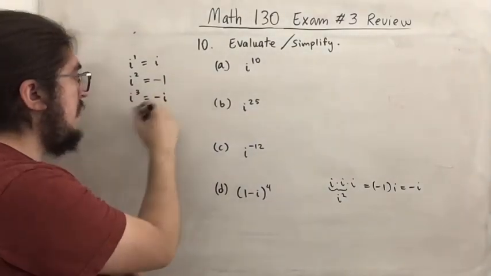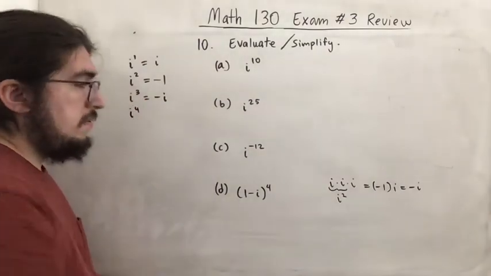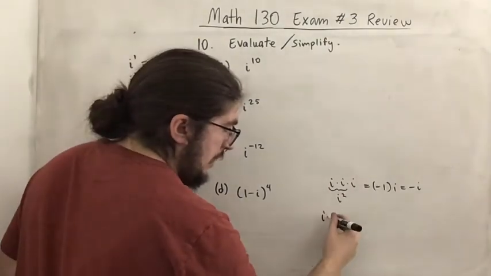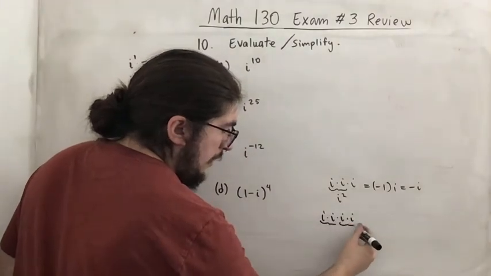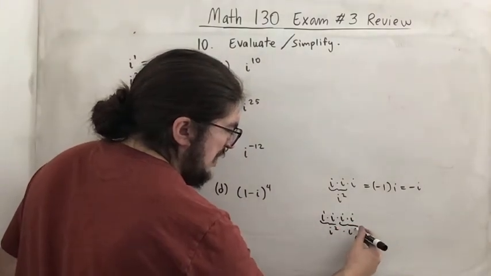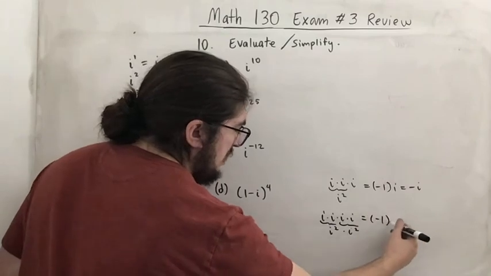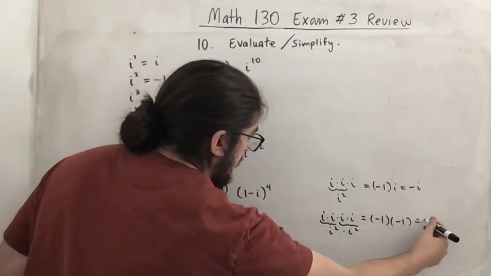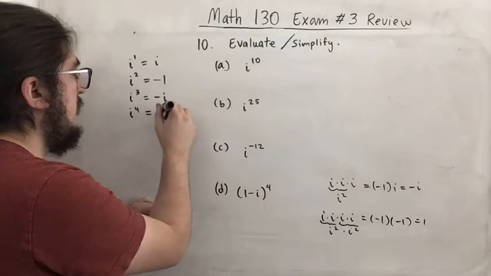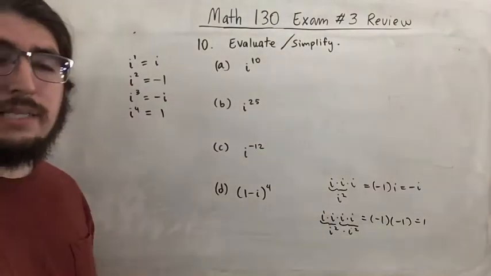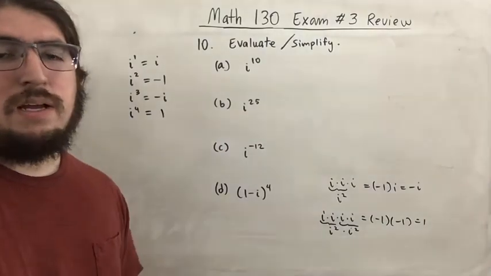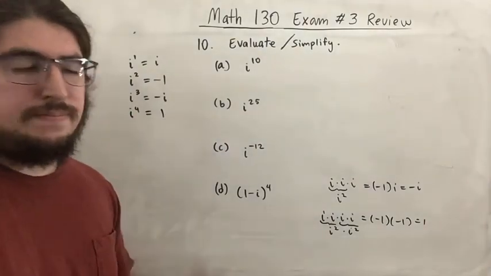Okay. i to the 4th, well again, i to the 4th is i times i times i times i, so there's 4 of them. But 2 of them are i squared each. So you have i squared times i squared, which is -1 times -1, which is +1. So i squared is -1, that squared, which is i to the 4th, is +1 because -1 squared is +1. So that makes sense, but it's funny.